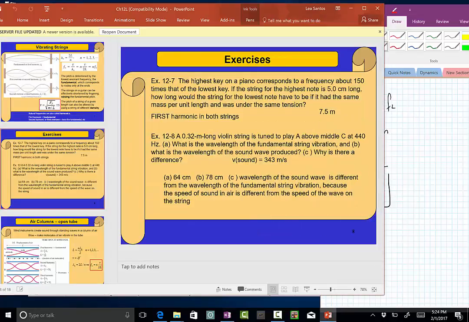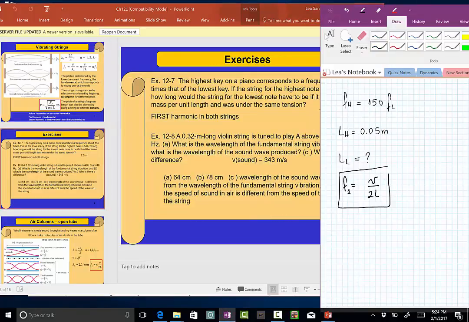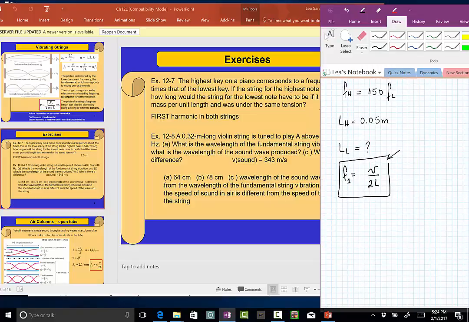Let's go back to the problem. So I wrote here, the frequency of the high is 150 times the frequency of the low, and I can also use this equation here. So let's do that.